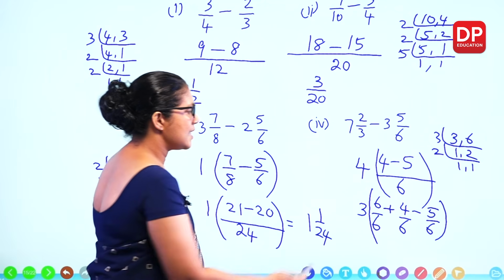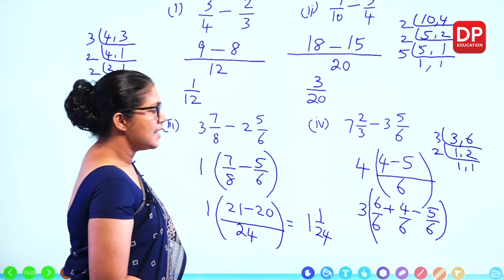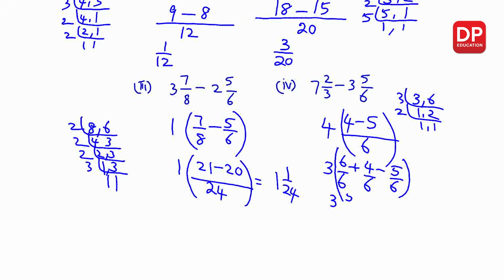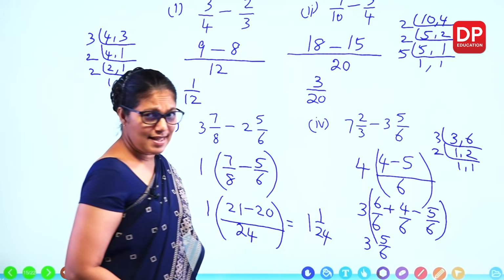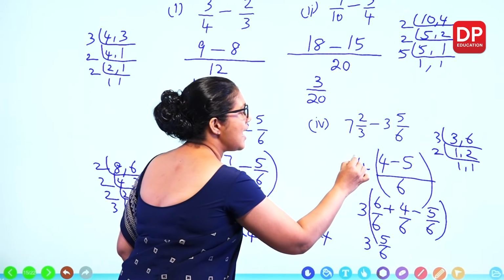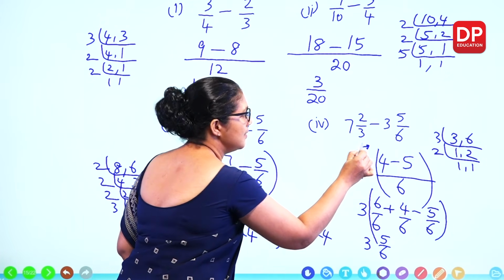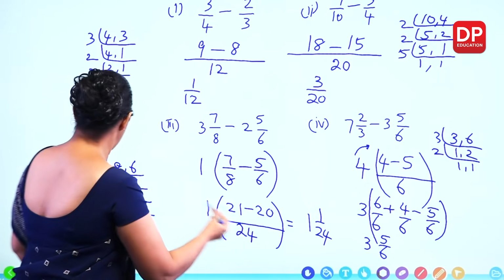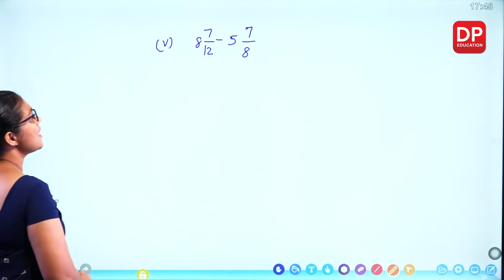So what do you get here? 6 plus 4, 10. 10 minus 5 is 5 over 6. So when you get a negative answer like this, make sure that you take one part and convert it to a fraction.